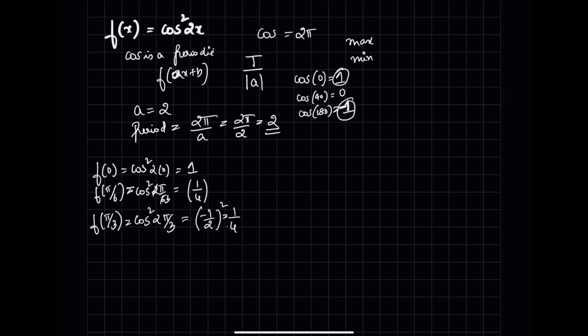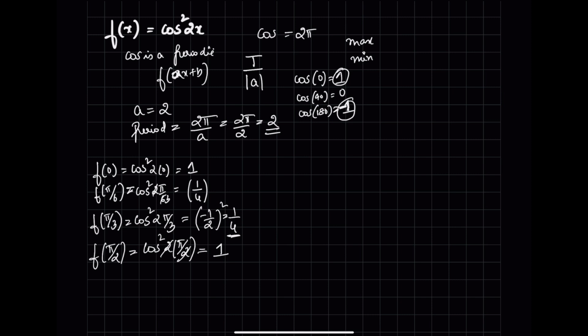Because of the square function, we'll never have a negative value for this graph. Now f of pi by 2 would be cos square 2 times pi by 2, and this would change to cos of pi, and cos of pi is minus 1, but it will change to 1 because there is a square again.